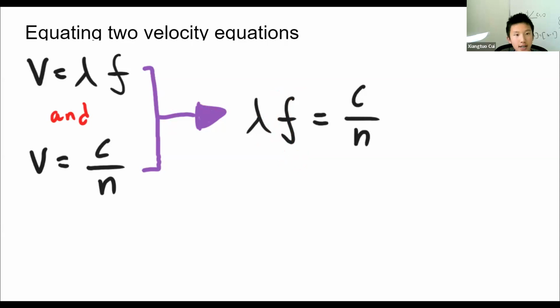This is because frequency is what dictates the color of the light. Each color within the visual spectrum has its own set frequency. Red light has a lower frequency, while blue light has a higher frequency. And so we cannot change frequency because going through a medium does not change color.